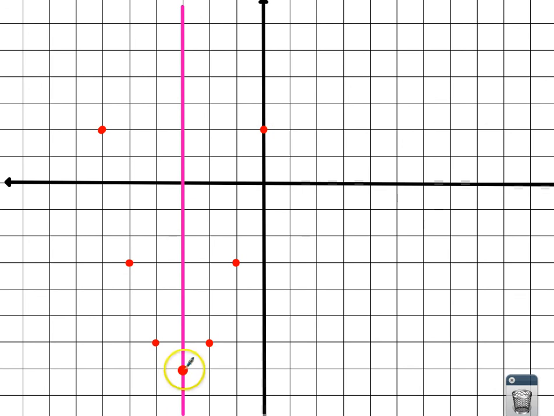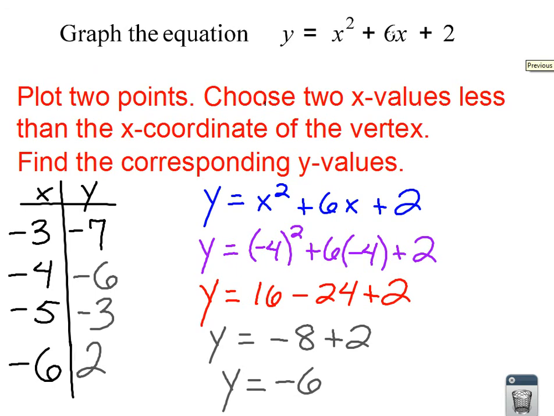Let's see how we do here on this board. Connecting the points. Little rounded edge here on the bottom, little rounded parabola. Put some arrows on the top of it. And you have just graphed the given equation of y is equal to x squared plus 6x plus 2.